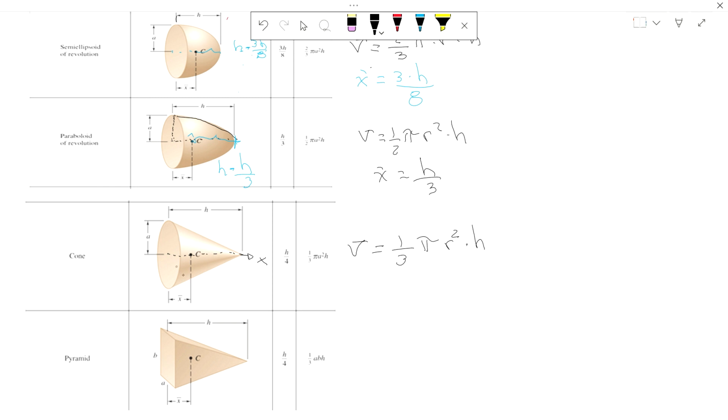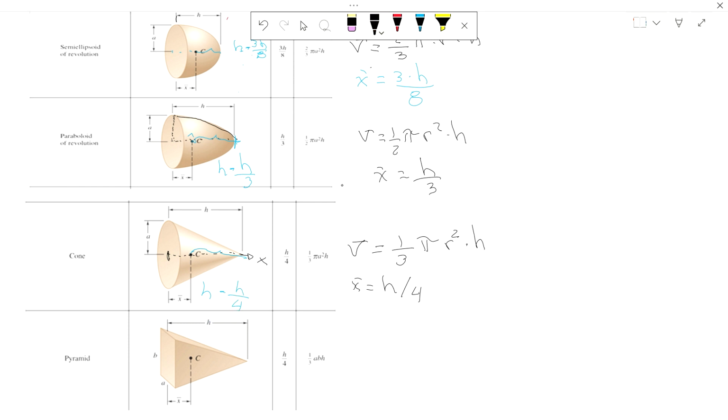And the height from the base is h over 4, height over 4. And of course, if we do the same concept here, the centroid from the tallest point is h minus h over 4.